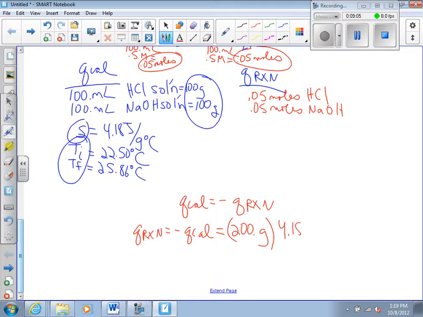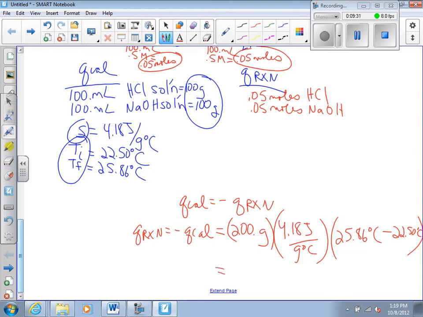S, 4.18 joules per gram degree Celsius. And in this situation, I do not have to convert to Kelvin because, since I'm taking a difference in temperatures, final minus initial, the kelvins would just cancel out. So 25.86 degrees Celsius minus 22.50 degrees Celsius. I'm running out of room there.